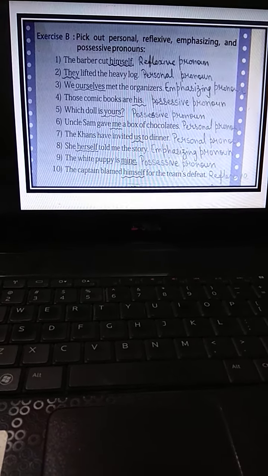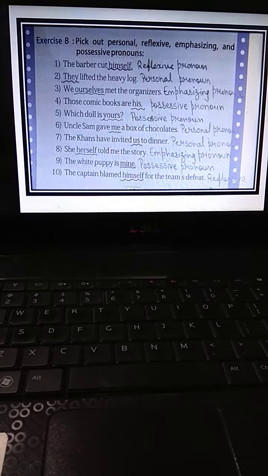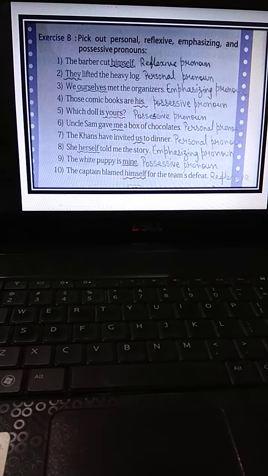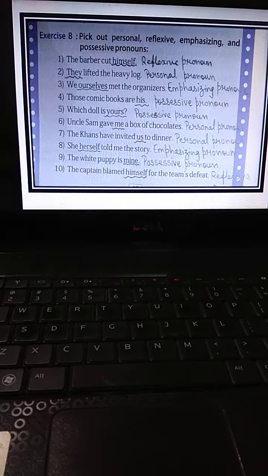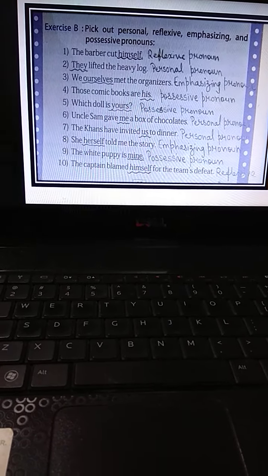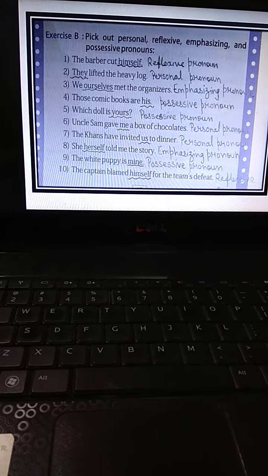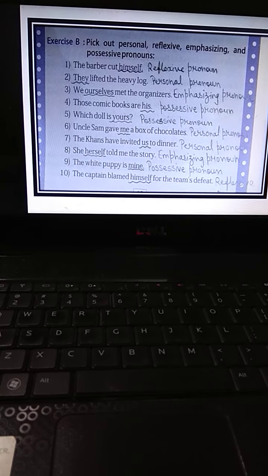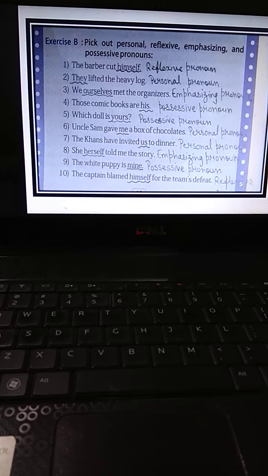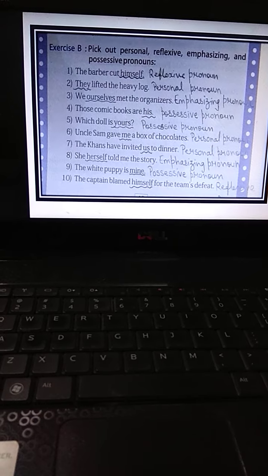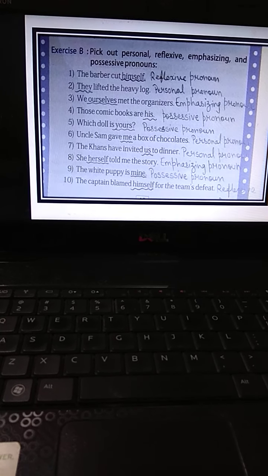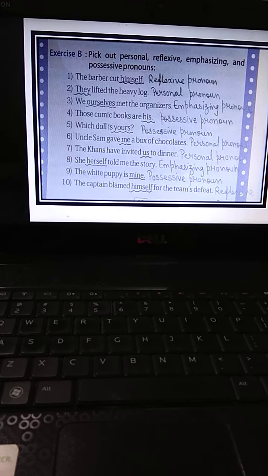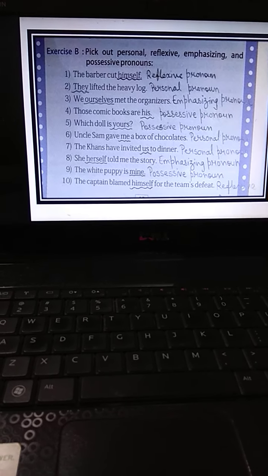Then after, 3. We ourselves met the organizers. Ourselves, emphasizing pronoun. 4. Those comic books are his. His, possessive pronoun. 5.